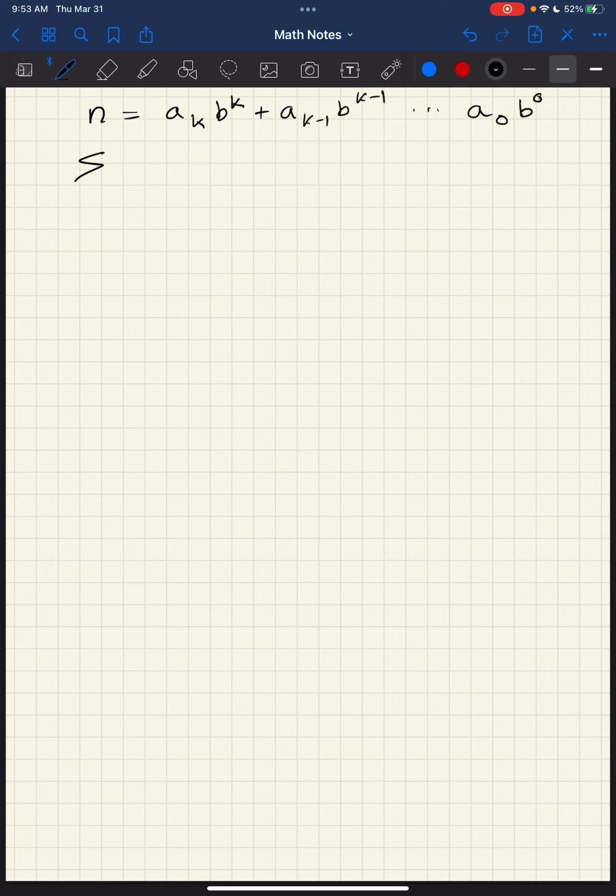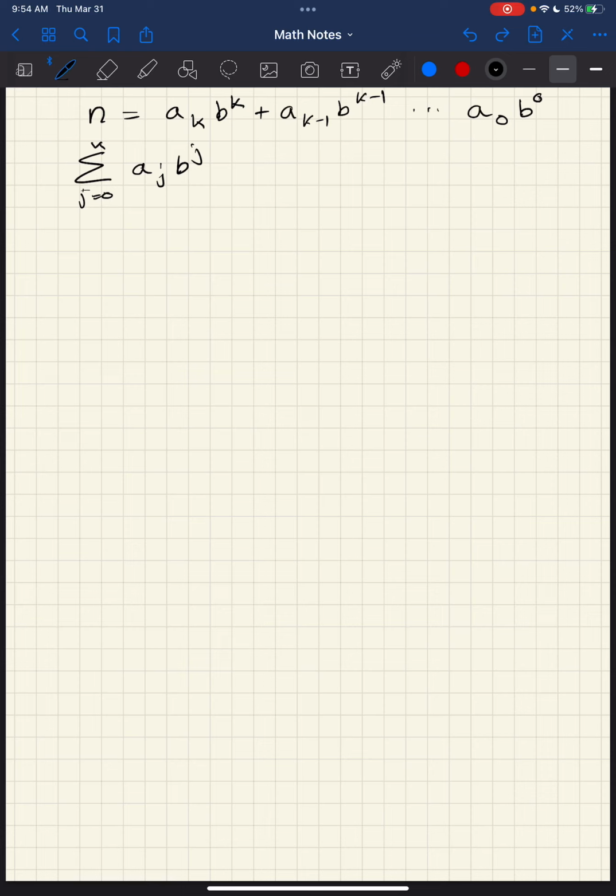So I'll just write that as the sum from j equals 0 to k of a_j times b to the j, my bad. And I won't write out the j equals 0 to k on the other sigma signs, just for time's sake.